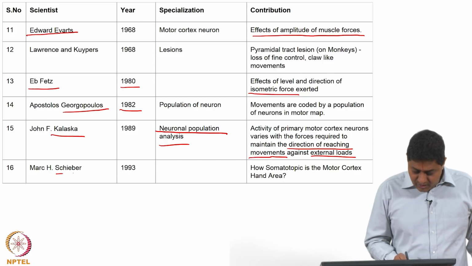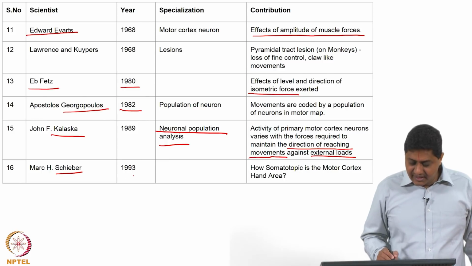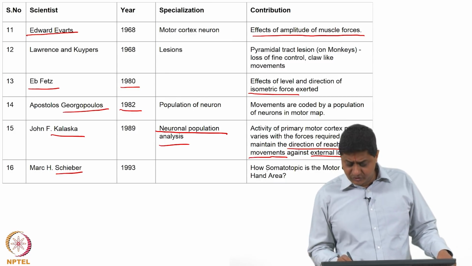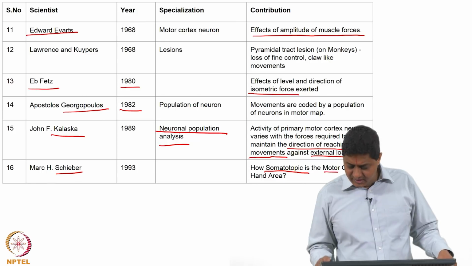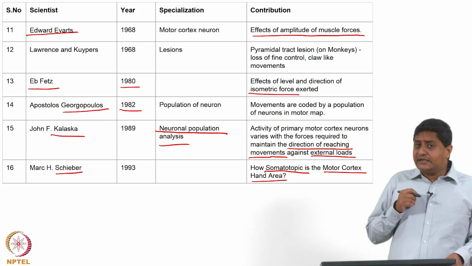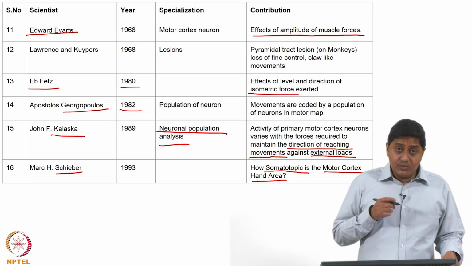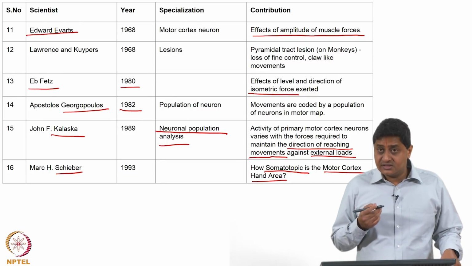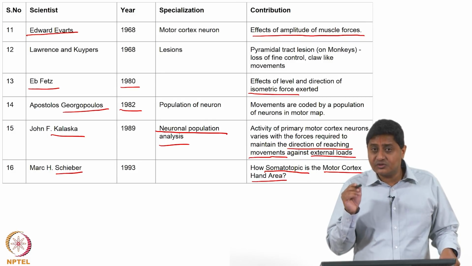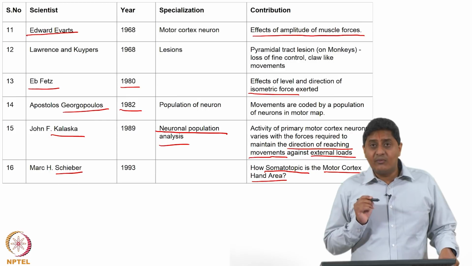Then the work of Marc Schieber in the 1990s is related to the somatotopy in the M1 hand area. It was a crucial work in this field, studying the contribution of individual neurons or groups of neurons within the M1 region.